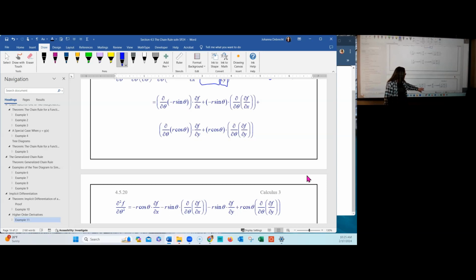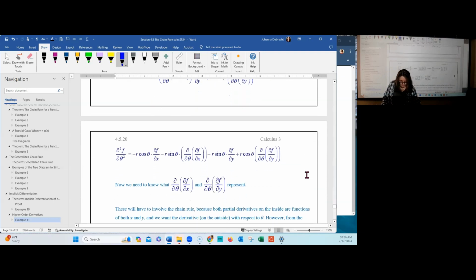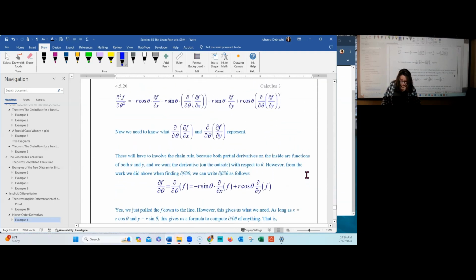Notice that in the second, it's the second partial derivative of the function, but with mixed partial derivatives. It's not with respect to the same variable twice. When we take this, the next thing we want to do is figure out what those mixed partial derivatives represent.